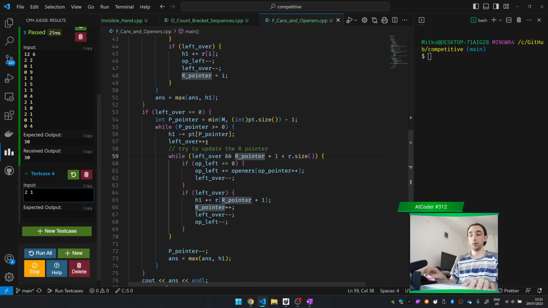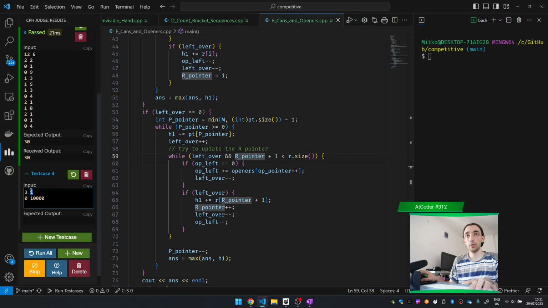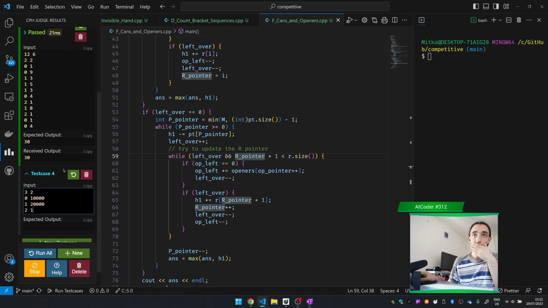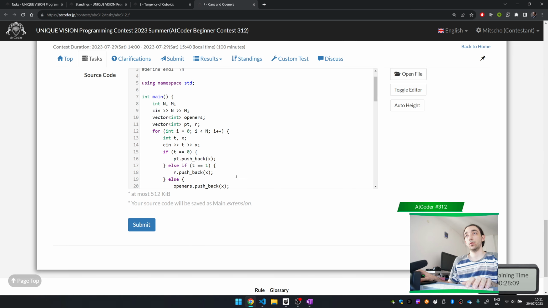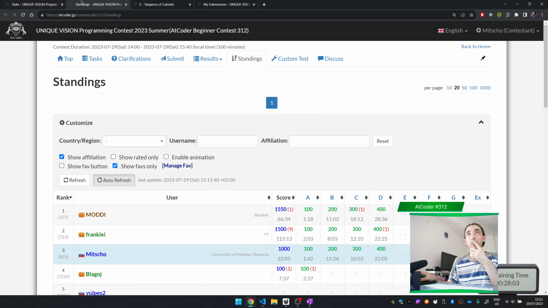There's a pull tab which goes like this, and then there's a can opener, so there's like 3 items, and then there's like 2 of these, 0 and then 1, there's more than that, and then there's a can opener which opens like 1 item. This would be like that, but this would be 1000. I mean, I don't know, I hope this is right.